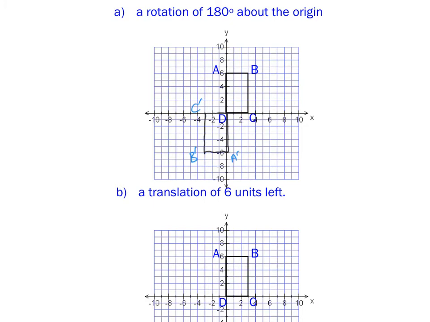Is there line symmetry here? I don't think so. No line symmetry.